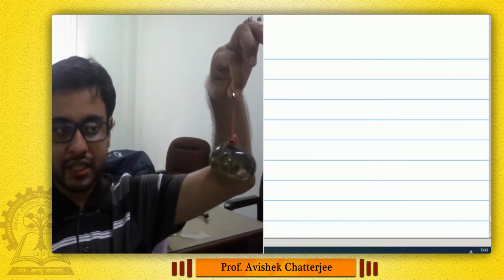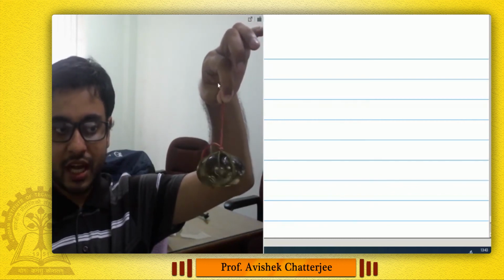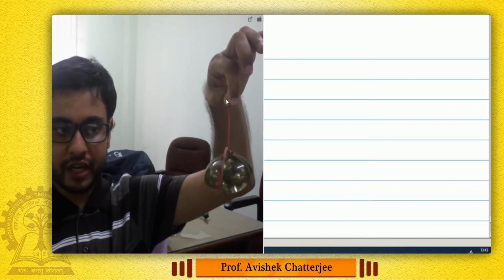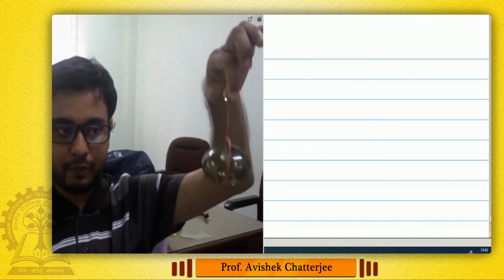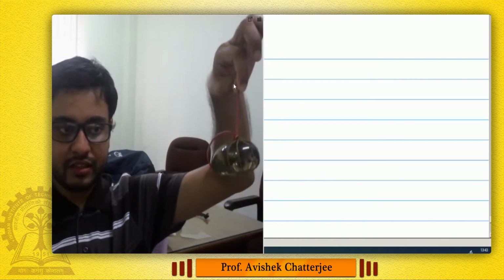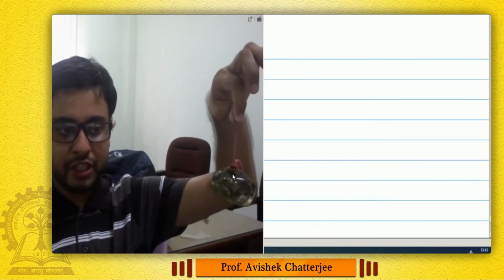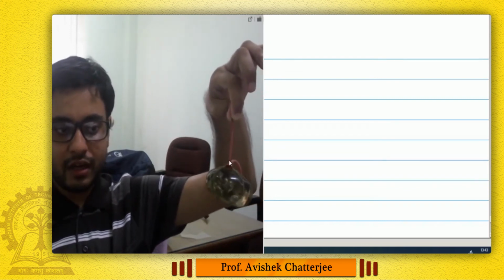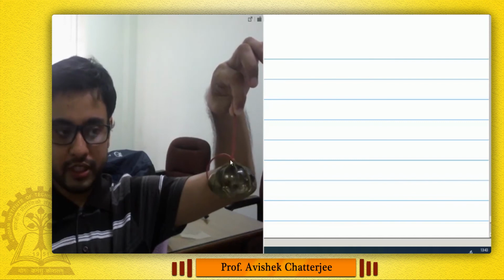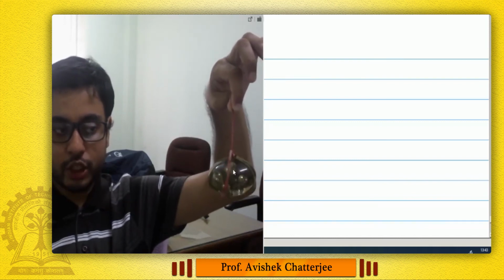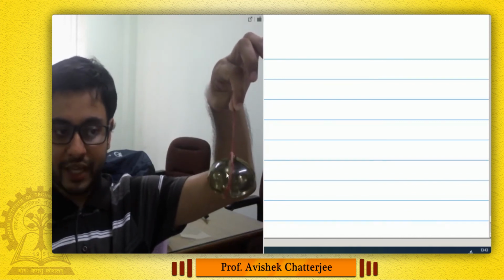Now you have to watch the amplitude of the input. That means how much I am moving my finger, like this is the amplitude from here to here, and the amplitude of the output, or the position of this weight, you also have to notice how much this is moving.